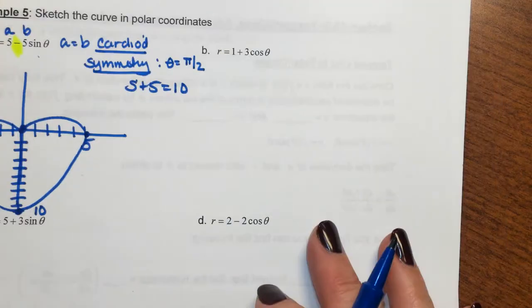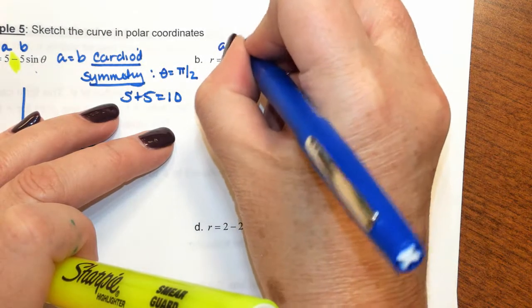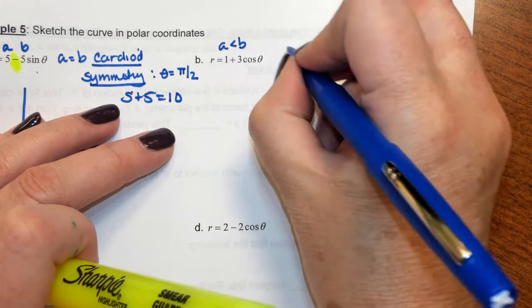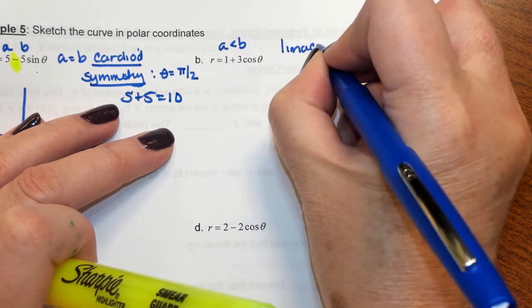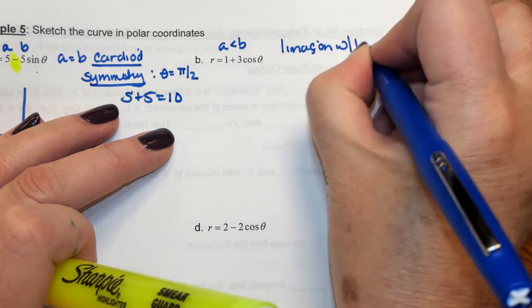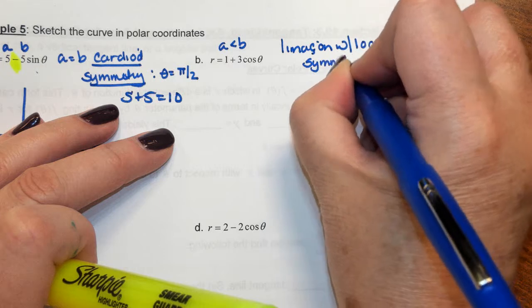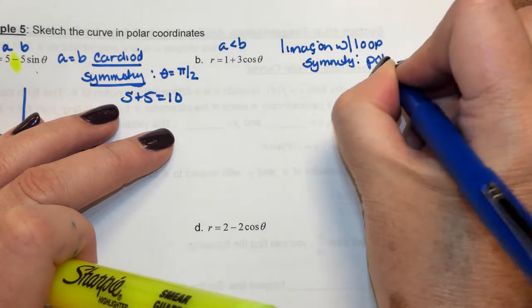So here's another graph: 1 plus 3 cosine theta. Again, a is less than b, so I have a limaçon with a loop. And because it's a cosine, the symmetry is with the polar axis.